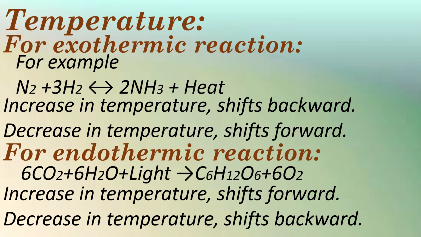In endothermic reaction, products are more energetic. So increase in temperature of an endothermic reaction, the forward reaction occurs. Decrease in temperature of an endothermic reaction, the backward reaction occurs. So these are the effects of temperature on exothermic and endothermic reactions.